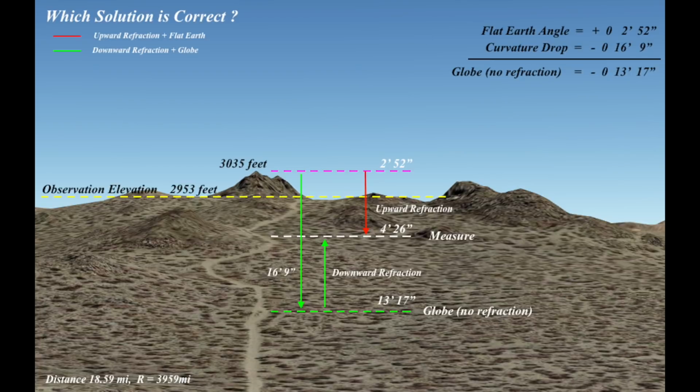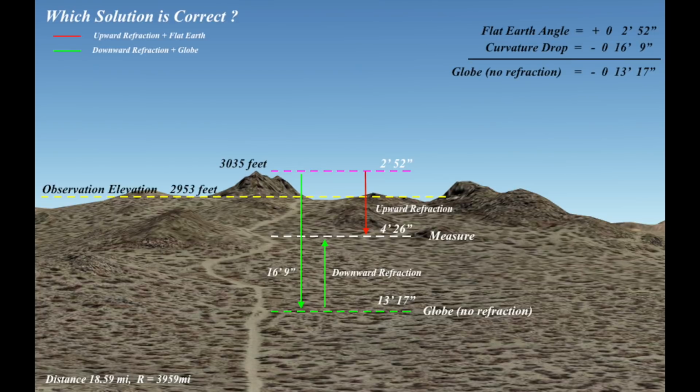So we come down using those green arrows, the vertical arrows. So we come down to 13 arc minutes and 17 arc seconds. But we measured something only 4 arc minutes and 26 arc seconds below the horizontal. So there must be downward refraction bringing that up. Okay, so that's the globe way.